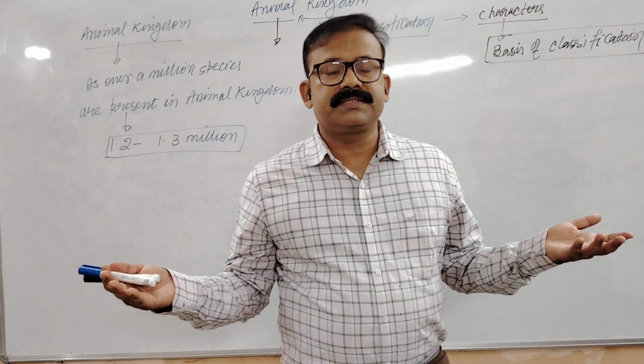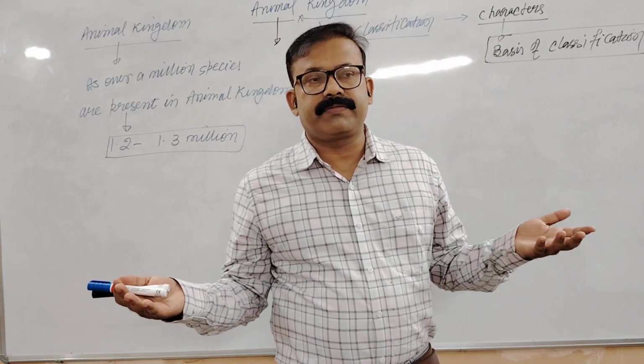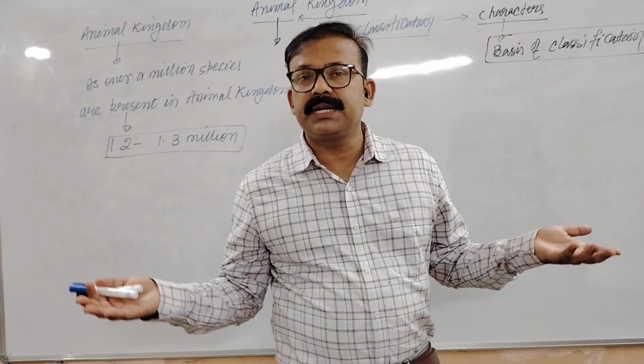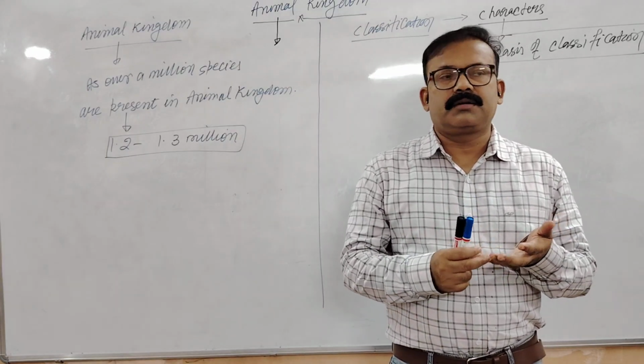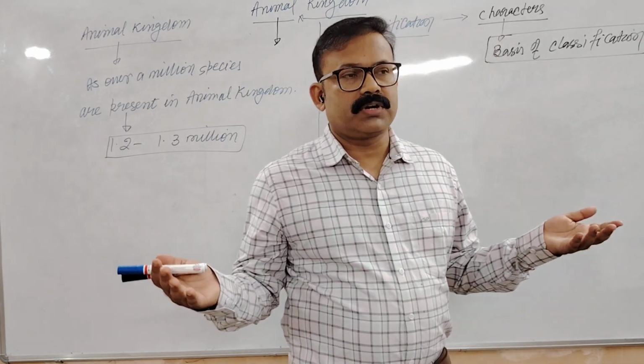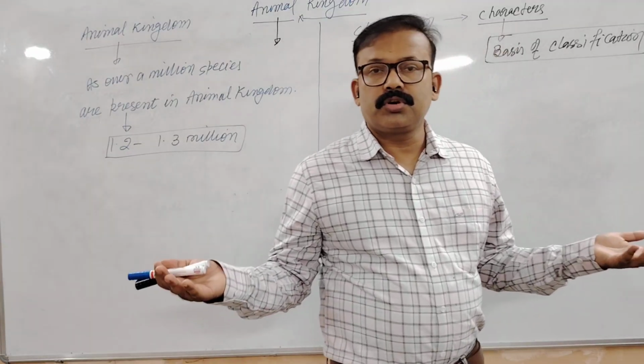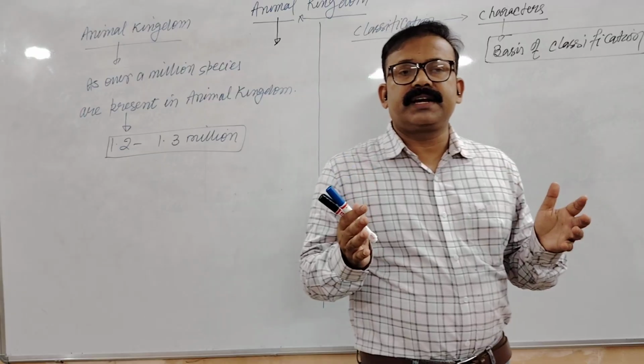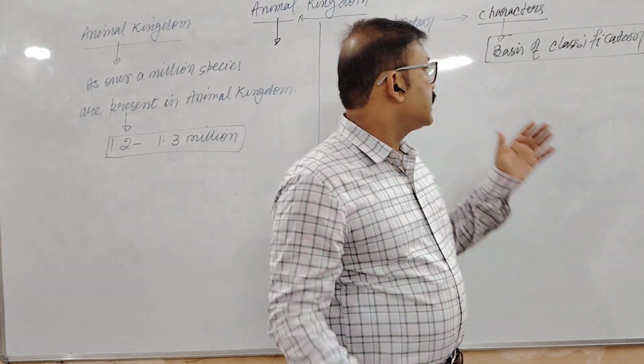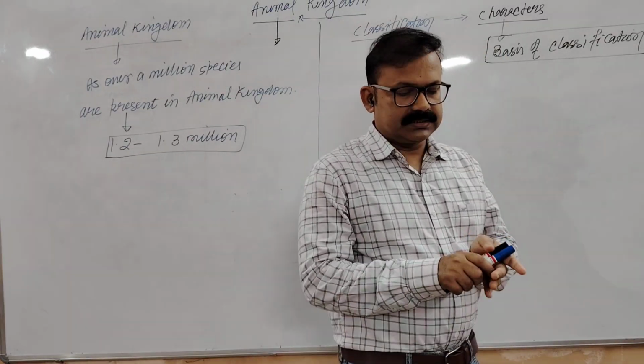But parallelly you will find certain similarities, like all of them have one nose, two ears, two eyes, two legs, two hands, two arms. So these fundamental characteristics form the basis of classification.